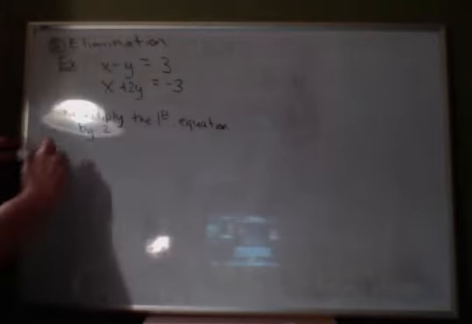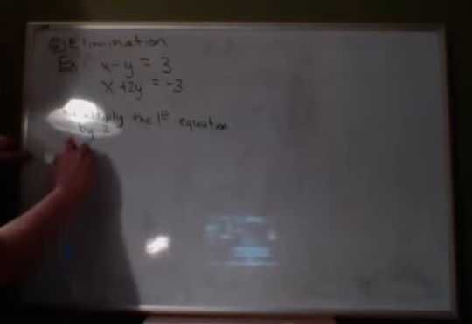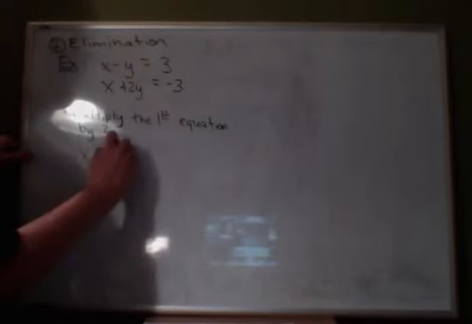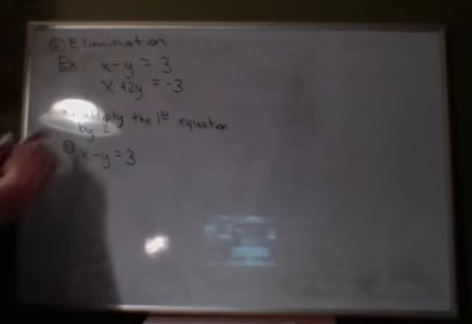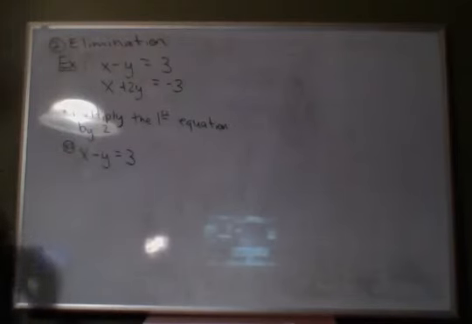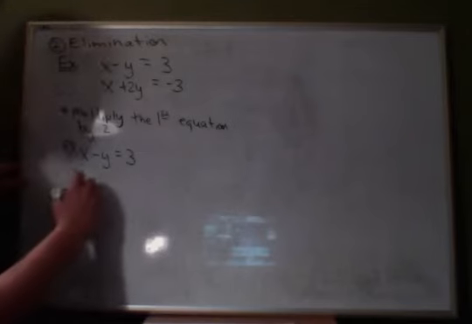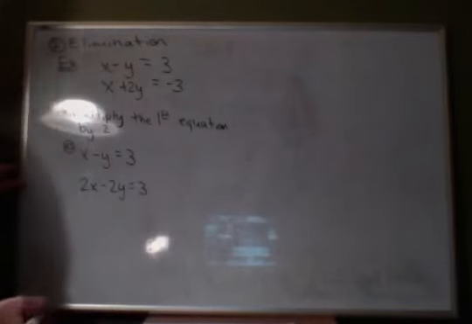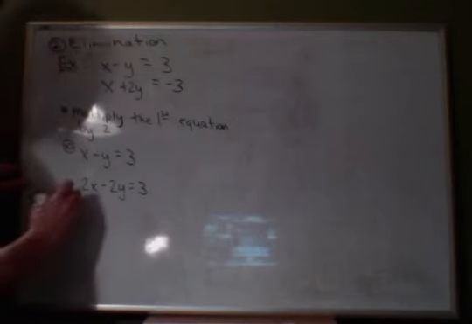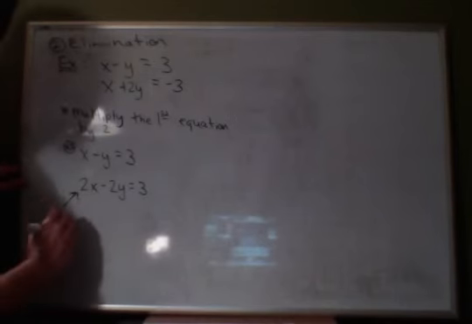Okay, and the way that I show this sometimes is I might write the equation x minus y equals 3, and I'm going to put just a little times 2 up here, and I'm going to go ahead and make a new equation. 2x minus 2y is equal to 3. Okay, new equation.